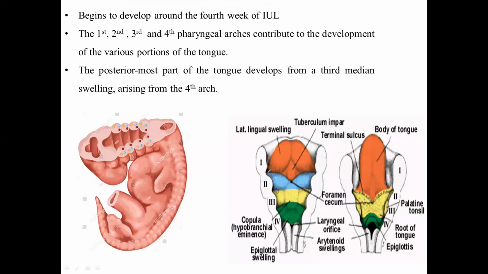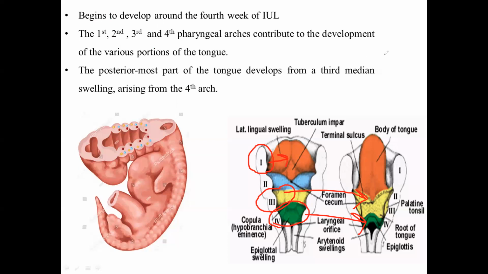If you see here, pharyngeal arch 1, with red, is forming the tongue. Pharyngeal arch 3 is also helping you to form the tongue. And pharyngeal arch 4 also helps in making the very posterior part of the tongue, that is normally called the root of the tongue.